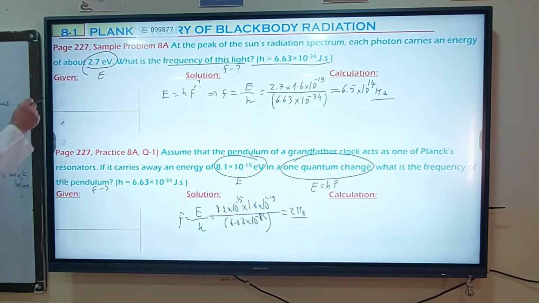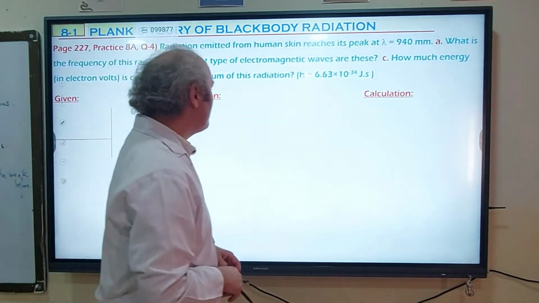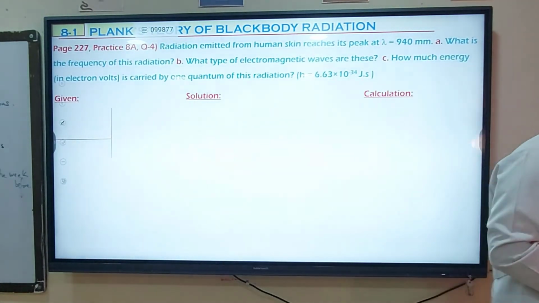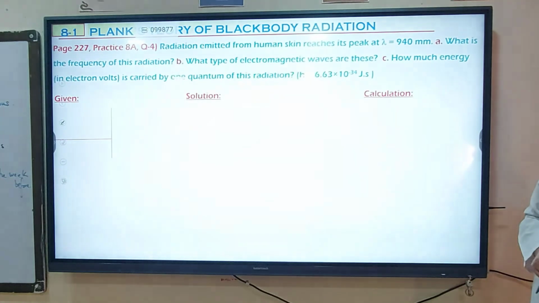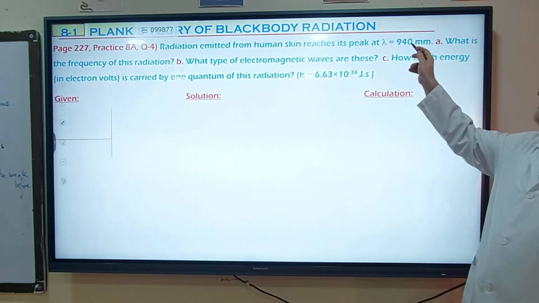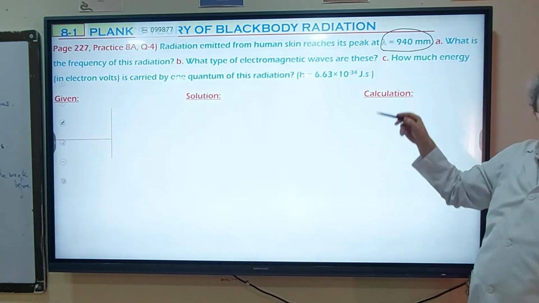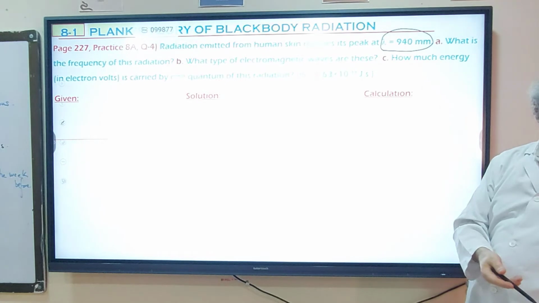One more problem we will solve, and then we will finish this title. Radiation emitted from human skin reaches its peak at lambda 940 millimeter. So this is the wavelength of the radiation. As you see, it's long wavelength compared to the other radiations.